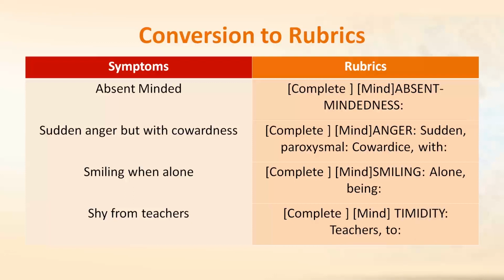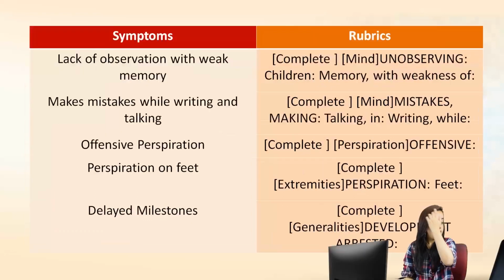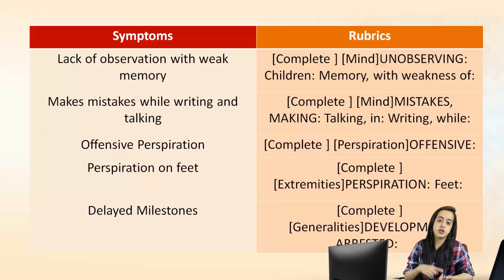Shy from teachers is present as timidity, teachers too, under the mind chapter of complete repertory. Lack of observation with weak memory was converted into a rubric as unobserving children memory with weakness of, and it is found under the mind chapter of complete repertory.